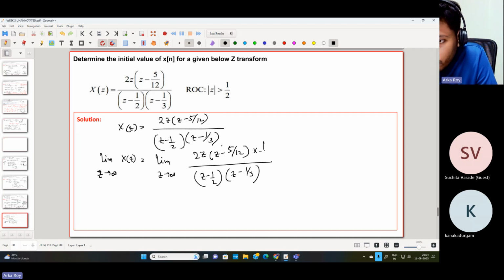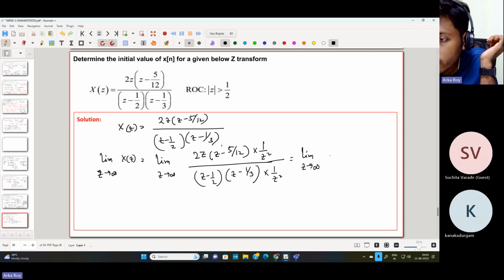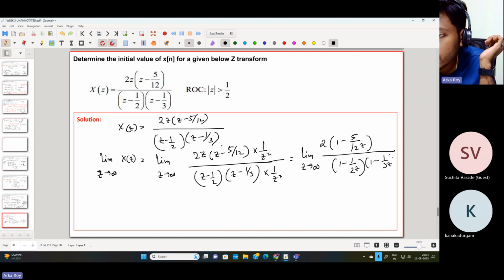So I can multiply 1 by z squared in both numerator and denominator. So it will effectively reduce to the limit z tending to infinity of 2, and here one z will cancel one z, and the second z gives 1 minus 5 by 12z. In the denominator also I do the same, one z goes over here, one z goes over here. So it will be 1 minus 1 by 2z, 1 minus 1 by 3z.